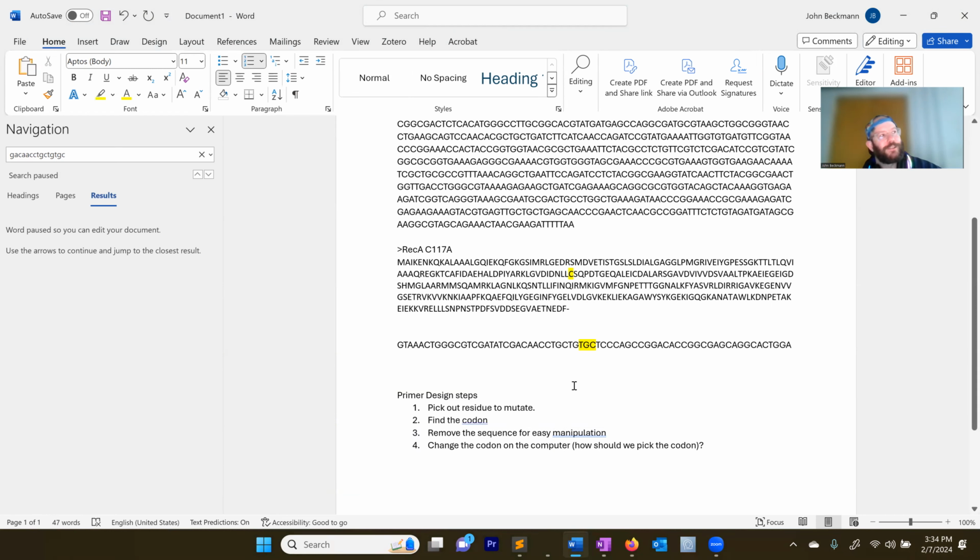Any thoughts? True, you would not want to introduce a restriction enzyme. That would be bad. Although I've never had that accidentally happen, so I think that's a rare thing. But you're right, you would not want that to happen. What other rationale might go into the choice of the codon?